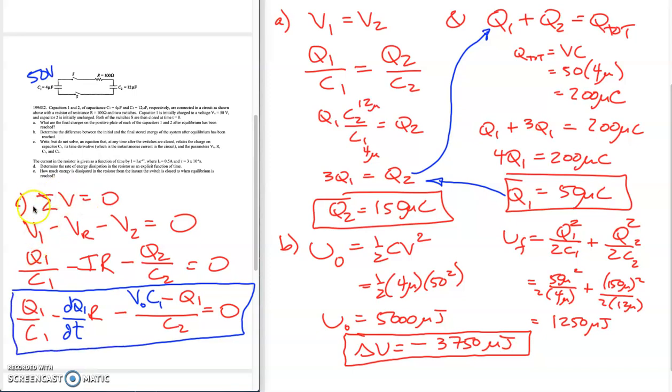Keep in mind, we just started with the Kirchhoff loop rule, and we said capacitor 1 is essentially our battery, the resistor brings it down a little bit, capacitor 2 brings it down a little bit more, and now we're back at the ground. I'm going to have to pause and clear things out so that I can have enough space to do parts D and E.